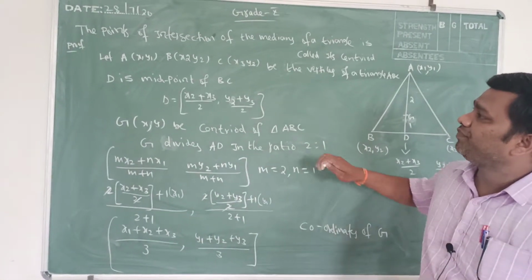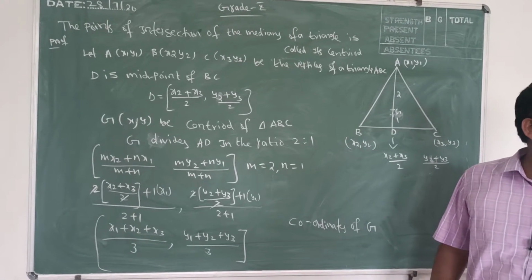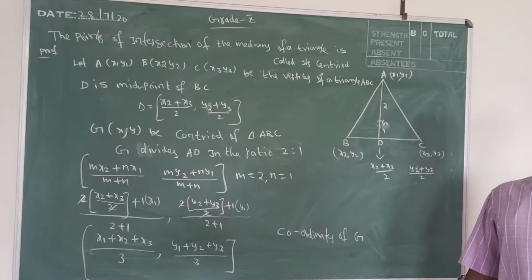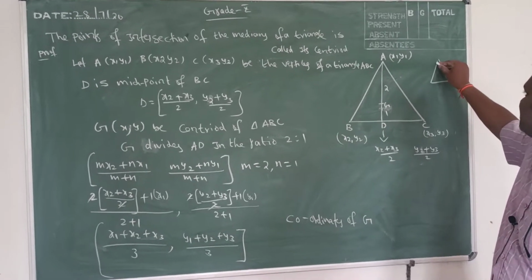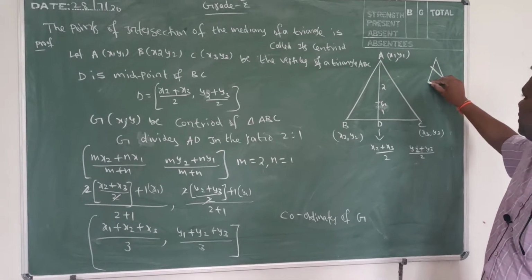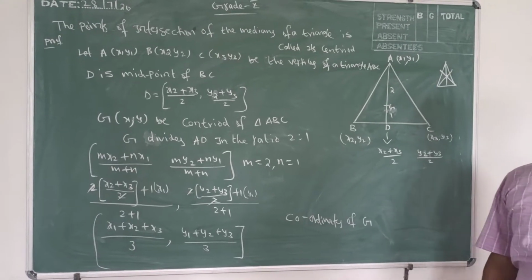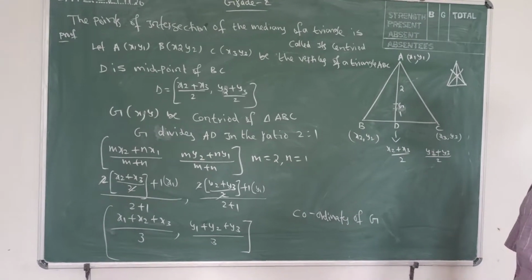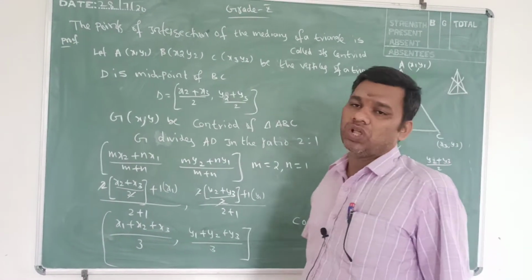First, anyone will ask, what is a centroid? The point of intersection of the medians of a triangle is called the centroid. Suppose we have a triangle. Now we are finding the centroid formula.